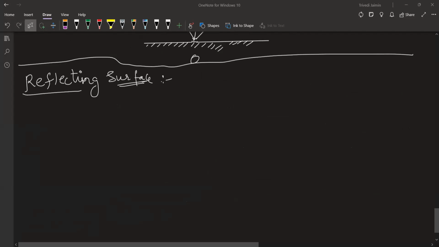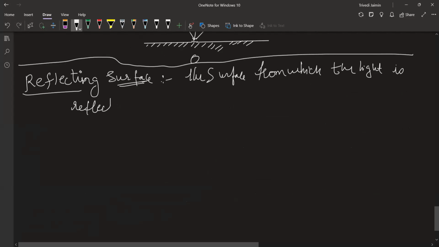Okay, then let's write those terms. A surface from which light is reflected is called the reflecting surface.